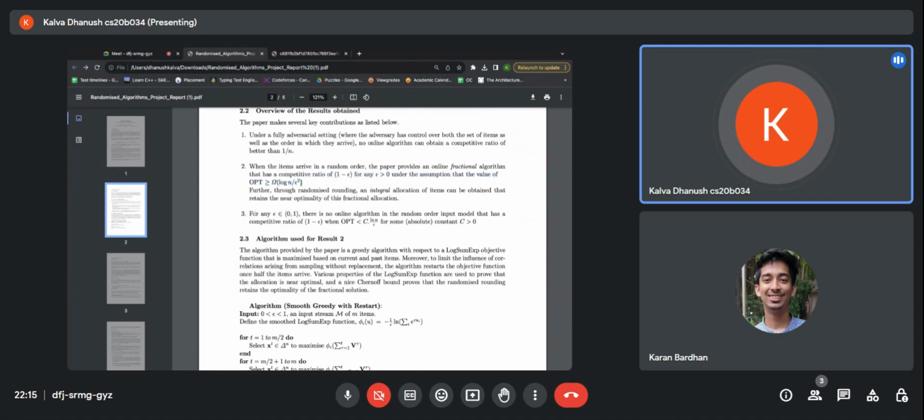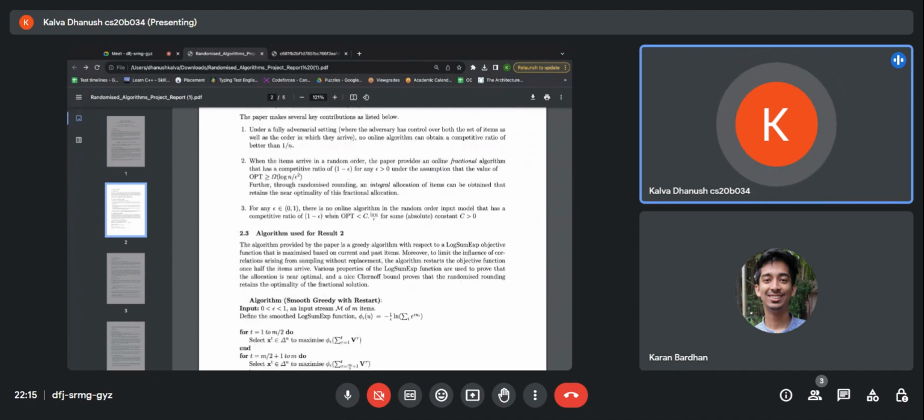The paper also argues that when the value of the optimal solution is less than ln n by epsilon, then there is no algorithm in the random order input model that has a competitive ratio of 1 minus epsilon.